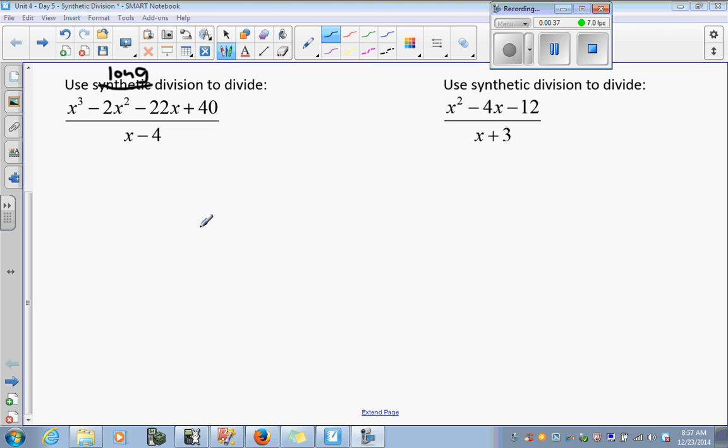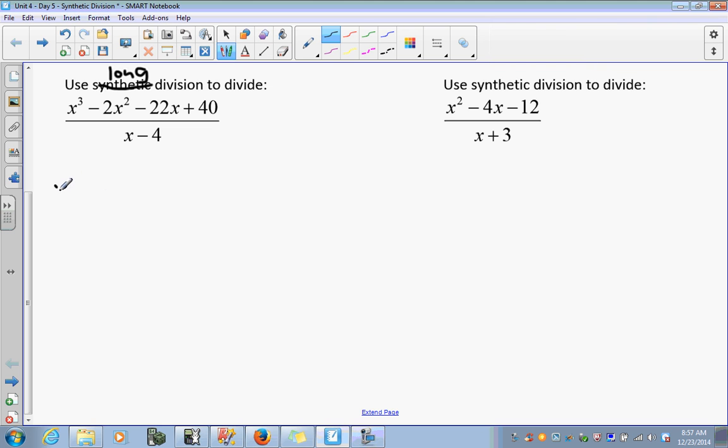So now, here we have x cubed minus 2x squared minus 22x plus 40 divided by x minus 4. We're going to set this up the long division way like this. X minus 4 on the outside. And so, just like in math previously that you did long division.